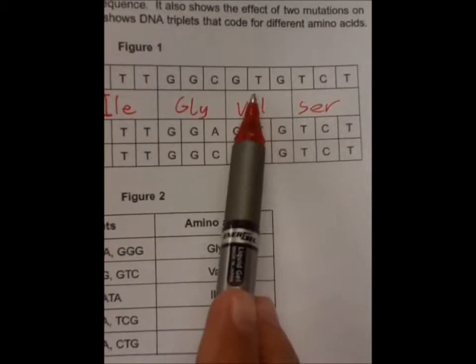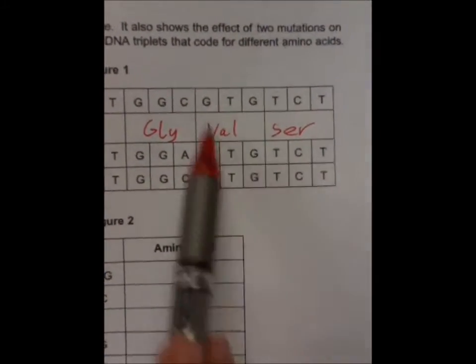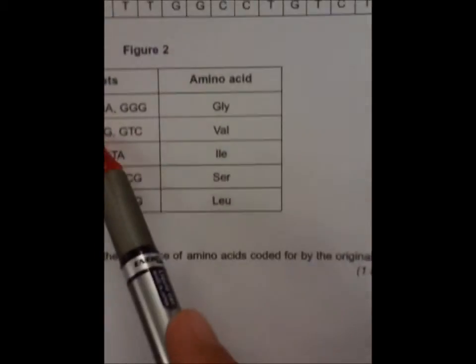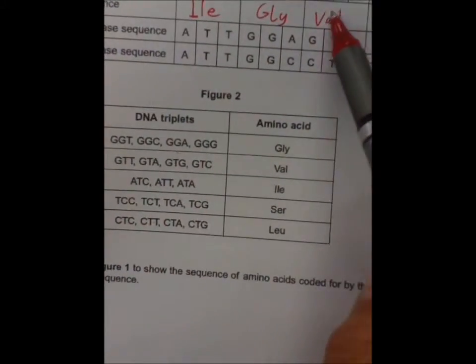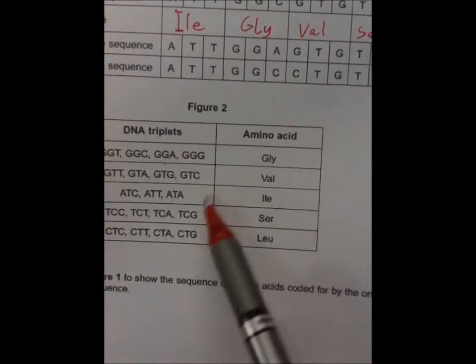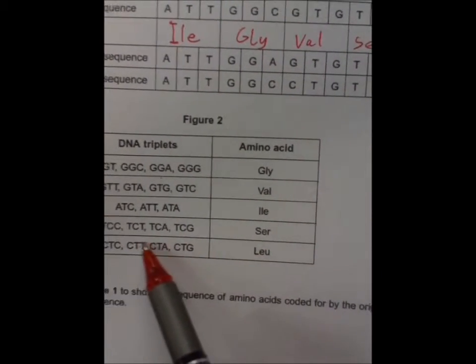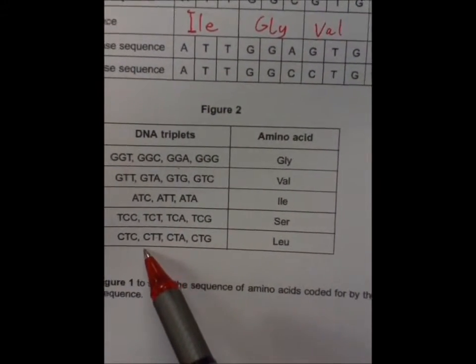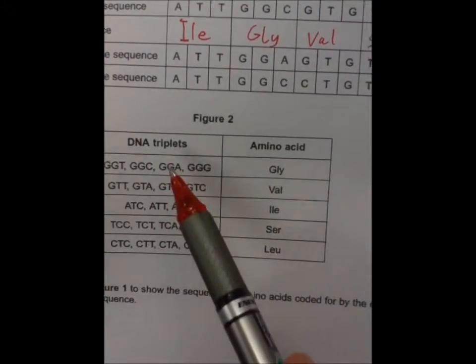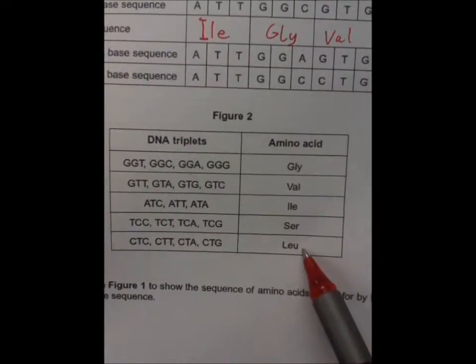There's a change for GTG to CTG, and if we compare the DNA triplets, we find that VAL is actually changed to CTG, which is LEU.